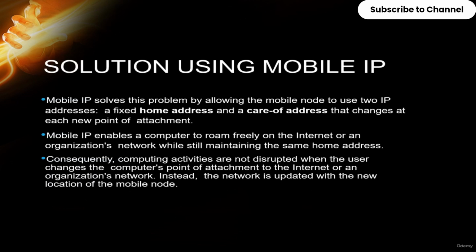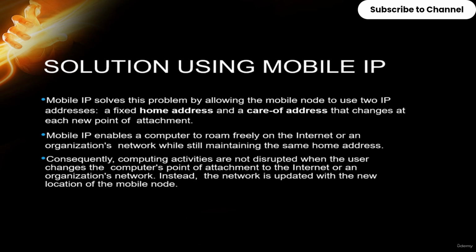Two IP addresses are used by mobile IP, in contrast to existing IP networks, which use only one address. Here mobile IP uses a home address and a care of address. The home address is the current address of the mobile node, and the care of address is the address used whenever the mobile node moves from one location to another.